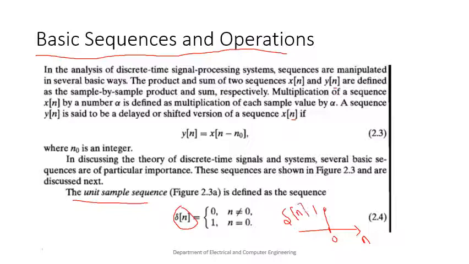Delta of n is 1 when n is equal to 0, and when n is not 0, it is 0 everywhere. This is the unit impulse or unit sample, whatever you want to call it, because this is just one sample. This is a basic sequence. We are going to talk about this a number of times, so just remember its representation. Let's move on to the next slide.